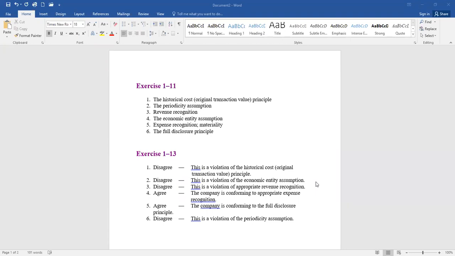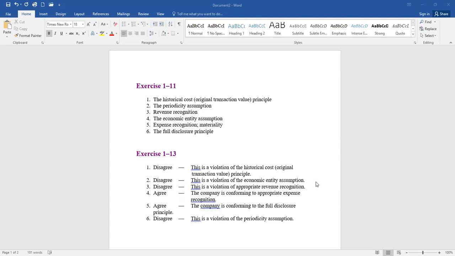So if you paid for insurance early, the day you pay for it, it's an asset. It's insurance coverage that is owed to the company. As the company receives its coverage or time passes, then the part that is used up is expensed. So that is the correct way of accounting for that.